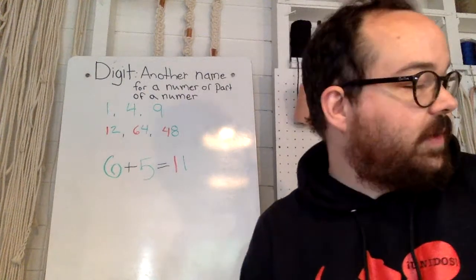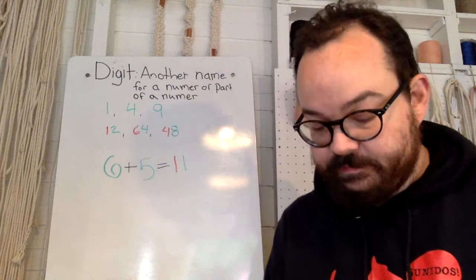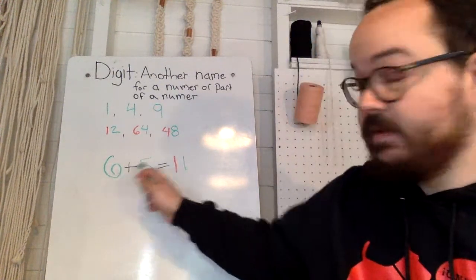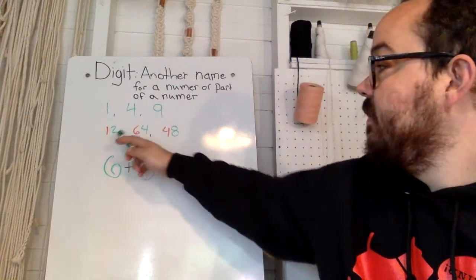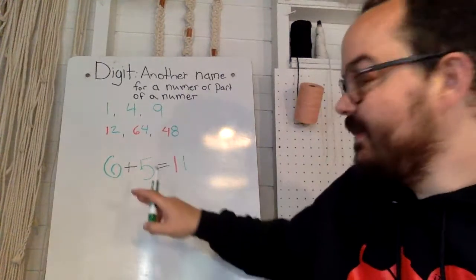Now, if I were to write this as a 10 frame, I would start, because both are single-digit numbers, remember? Just another name for a number so we can tell the difference.